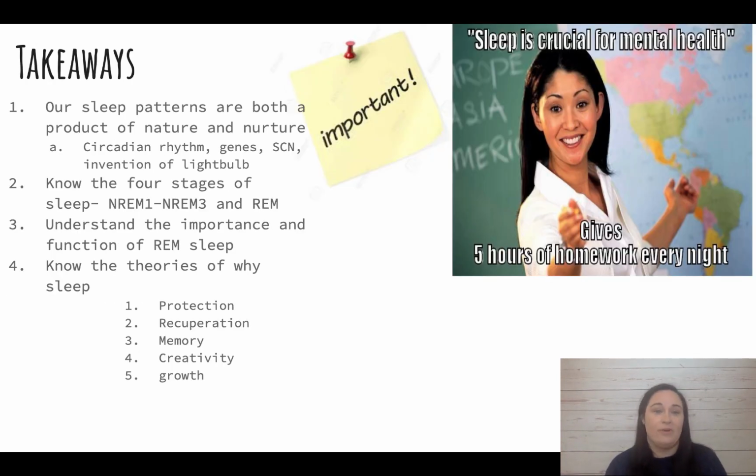Okay, so our takeaways. Sleep is both a product of nature and nurture. You should know the 4 sleep stages: non-REM 1, 2, 3, and then REM. And by the way, when you're going to REM sleep, you don't go from non-REM 3 to REM.